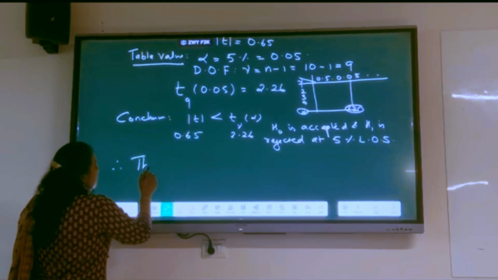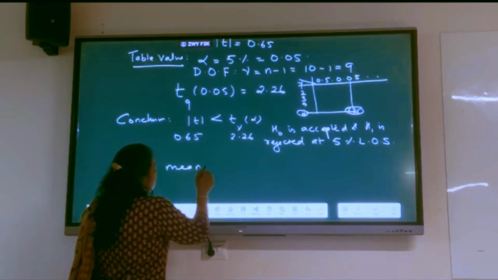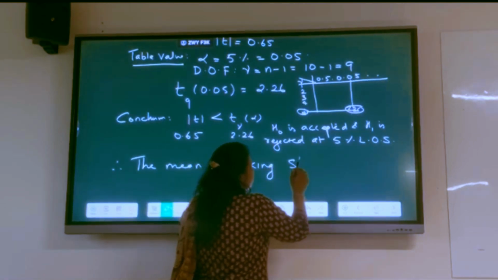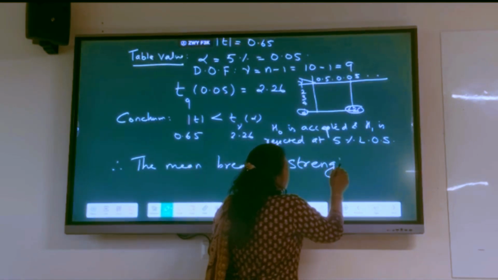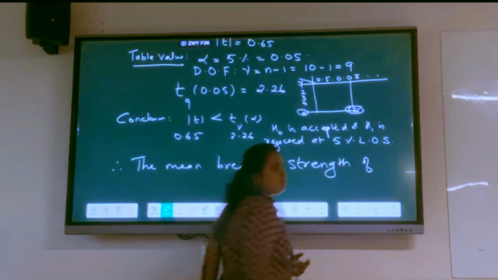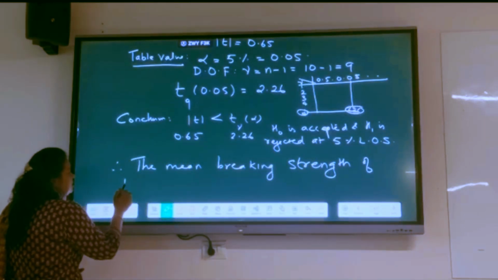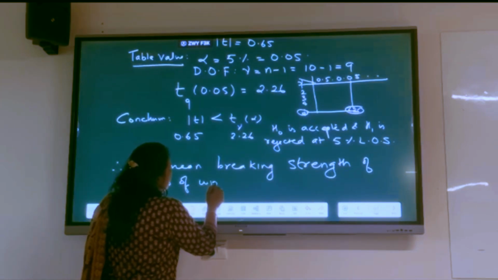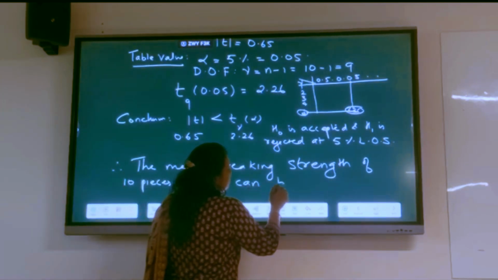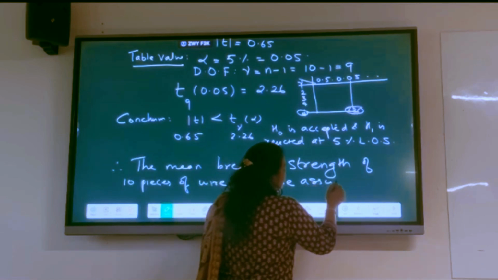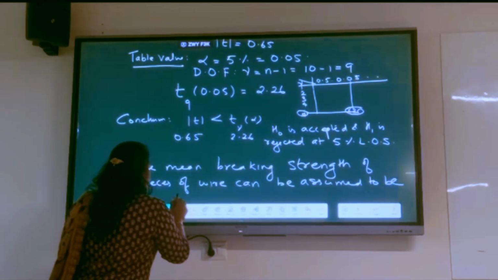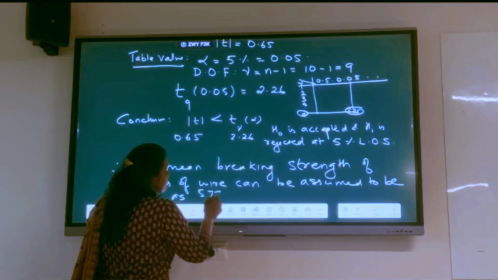Therefore, the mean breaking strength of the 10 pieces of wire can be assumed to be 577 each.